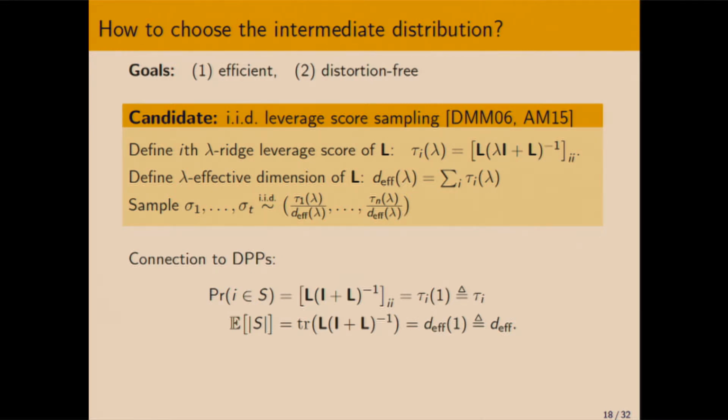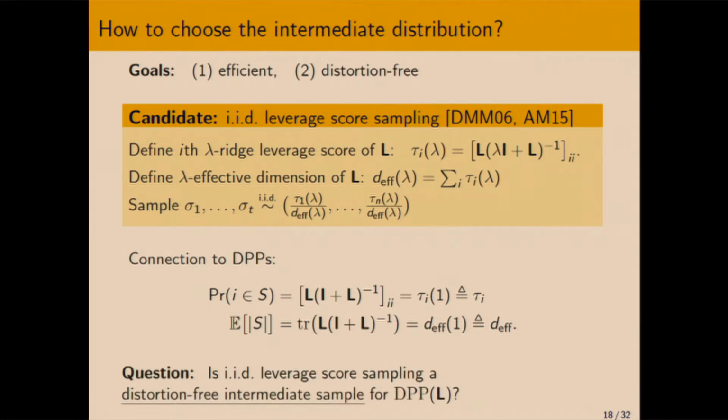The marginal probability of a particular point being in a set S for a DPP is exactly its ridge leverage score with lambda equal 1. And from that, it immediately follows that the expected subset size of a DPP is the effective dimension for lambda equal 1. So there's a very close connection generally between DPPs and leverage score sampling.